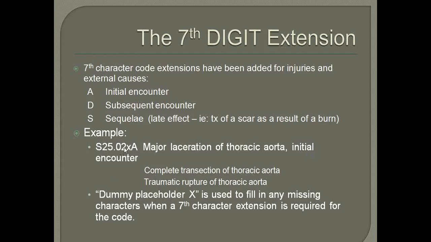Well, this is not coded out to the 6th digit. It's only coded out to the 5th digit. But they're asking for a 7th digit extension. So if we put that A on the 6th digit, that's not correct. So we have to put the placeholder in to create that 7th digit extension for that particular code. And again, if you have questions, just go ahead and save them up, and I'll be opening this up for questions toward the end of the class.